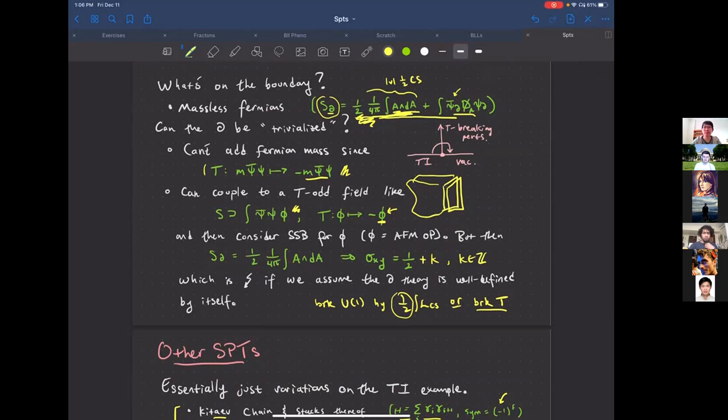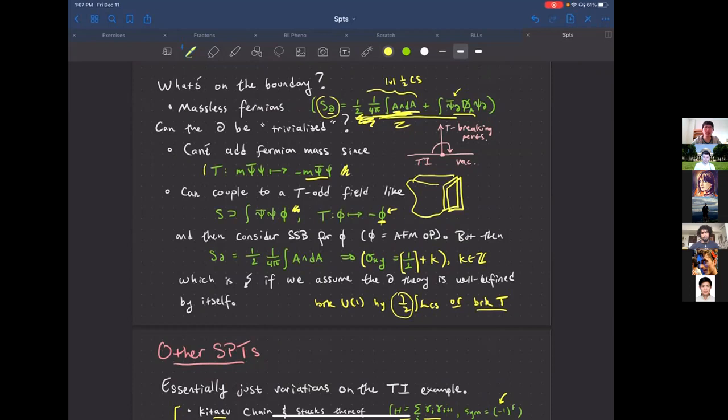We wanted to know whether it was possible to make the boundary theory trivial without explicitly breaking the symmetry. The claim is that if you don't explicitly break the symmetry, the boundary theory is still non-trivial because its Hall response is something like this. And this 1/2 part of the Hall response coming from this term is impossible to get rid of while only considering stuff that is localized to the edge.